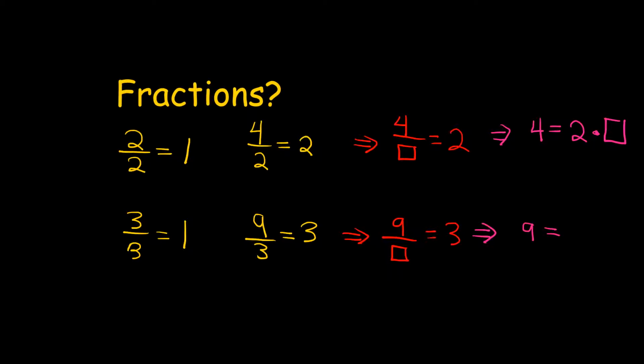And 9 equals 3 times what? And to solve these, you would have to use the multiplication that we did earlier. So 4 divided by 2 is really 2. And 9 divided by 3 is really 3. If this is too confusing, I'll have another video specifically on how to solve fractional problems in just a little bit.